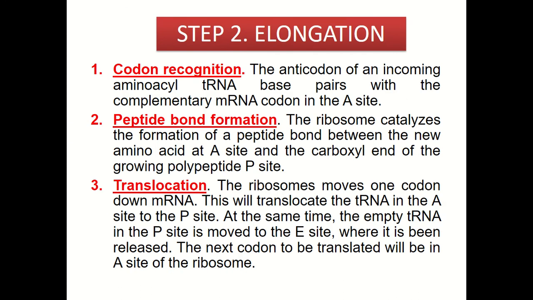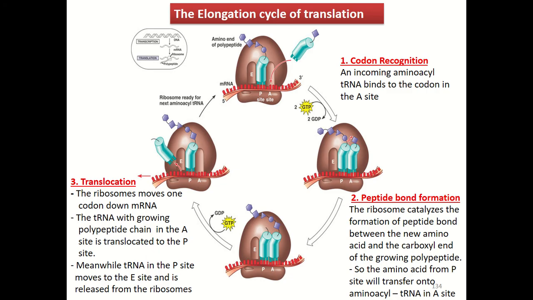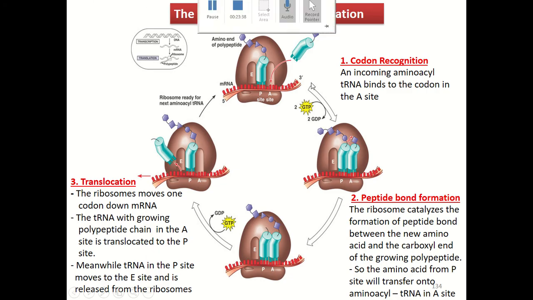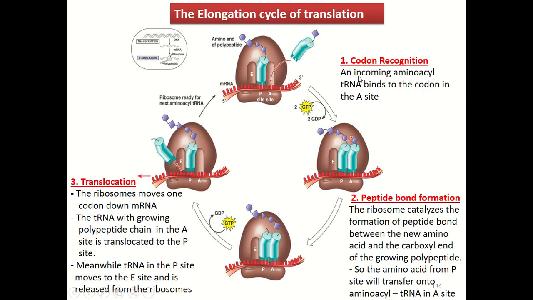So next is elongation. Elongation includes three small processes, which are codon recognition, peptide bond formation, and translocation. So what happens during codon recognition? The second tRNA, or the incoming amino acid tRNA, will bind to the codon.